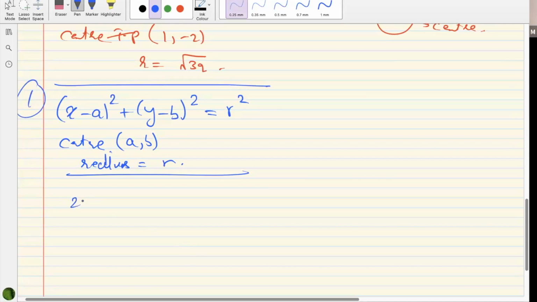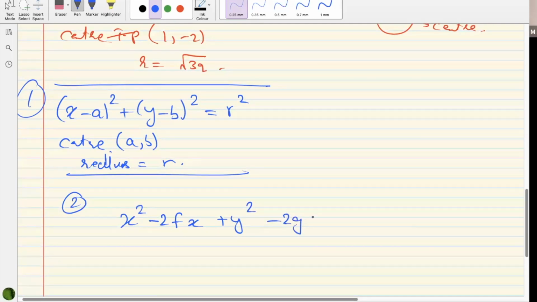The second general equation is x square minus 2fx plus y square minus 2gy plus c is equal to 0.